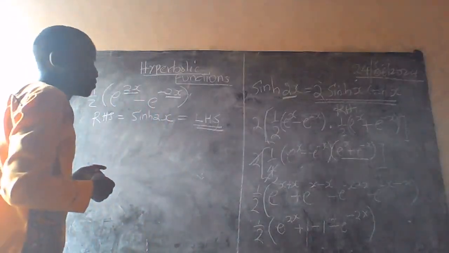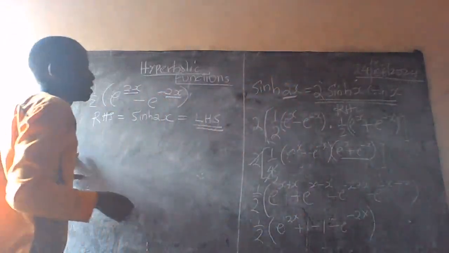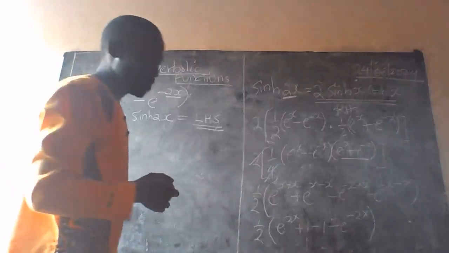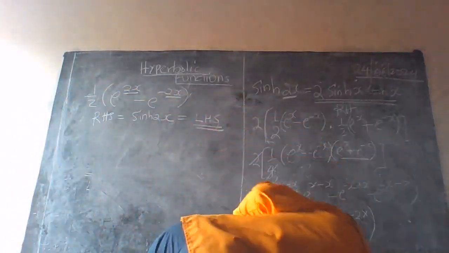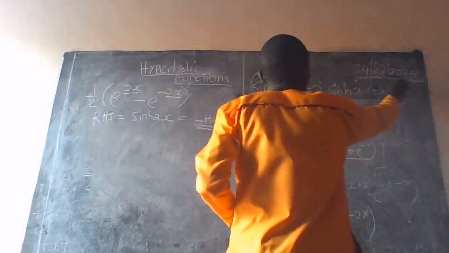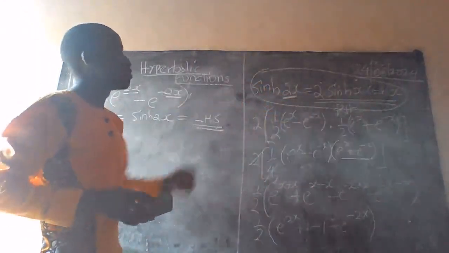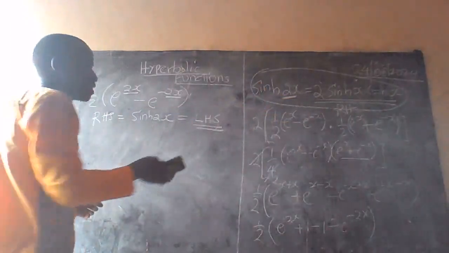With that, we go to the second identity. So with this, we now know the first trigonometric hyperbolic identity is that one. So this one is proved as our hyperbolic identity.